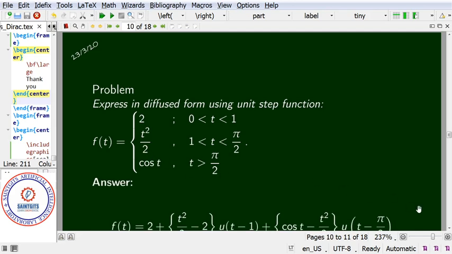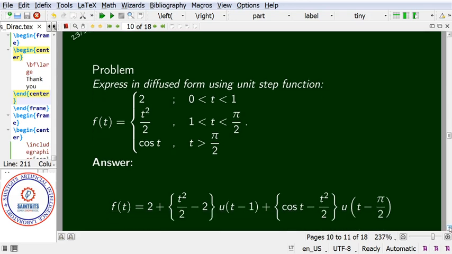That is, base value 2 plus the difference between these two responses, t square by 2 minus 2, into u of t minus 1, where t is higher, plus cos t minus t square by 2 into u of t minus pi by 2. That's all. So we can combine this function f of t using the unit step function like this.